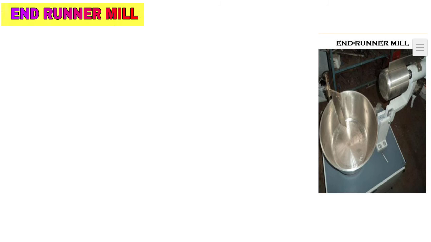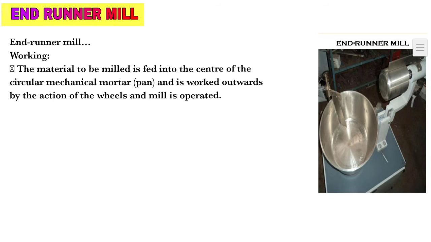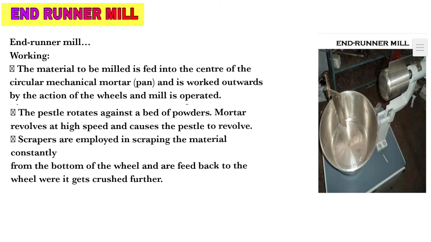Working of end runner mill. The material to be milled is fed into the center of the circular mechanical mortar or pan and is worked outwards by the action of wheels as the mill is operated. The pestle rotates against a bed of powder. The mortar revolves at a high speed and causes the pestle to revolve.